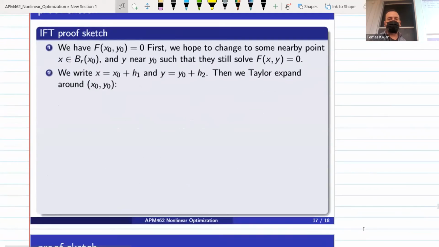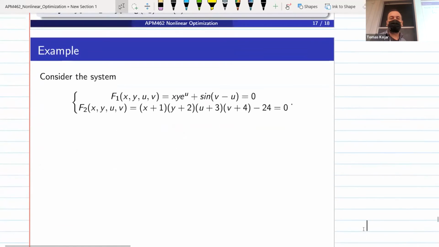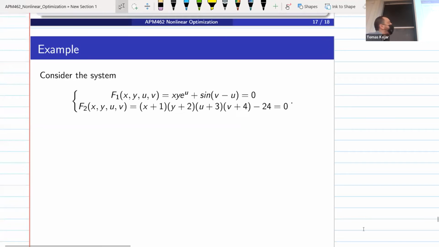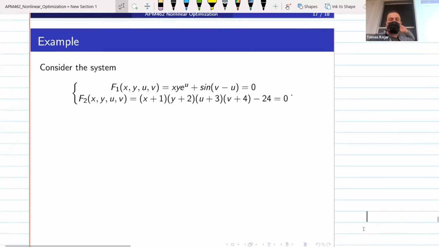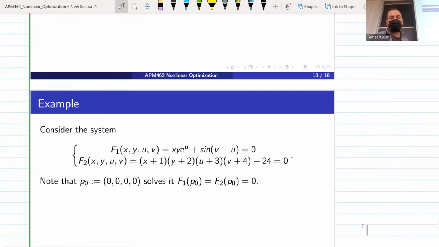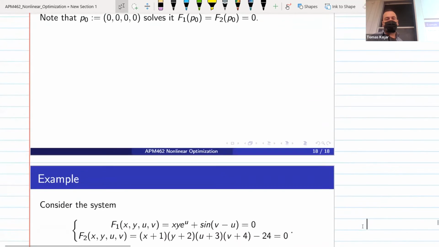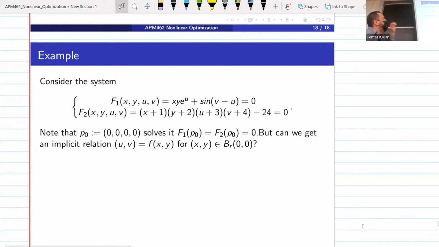I want to do the example actually. The proof, you're not going to be tested on it, but you will see the example. So now instead, suppose we have two equations. Is that okay? Now, again by eye test or numerics, you find that the origin is a solution. And the question is, can you find some function f so that you can remove the u, v variables?